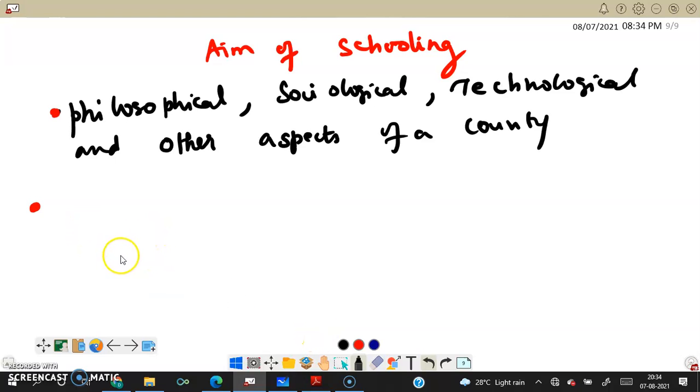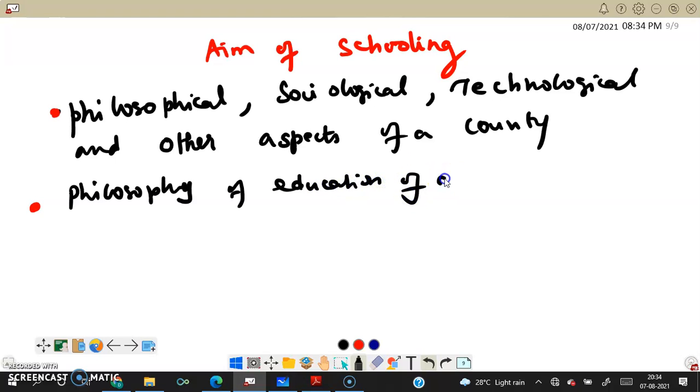The philosophy of education of a country: what it needs, what is the philosophy of the country.